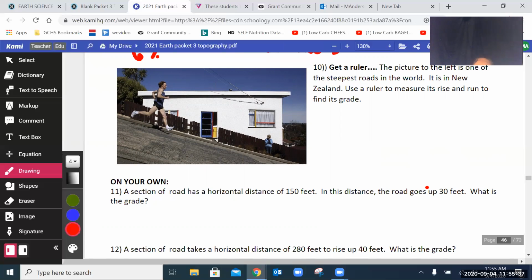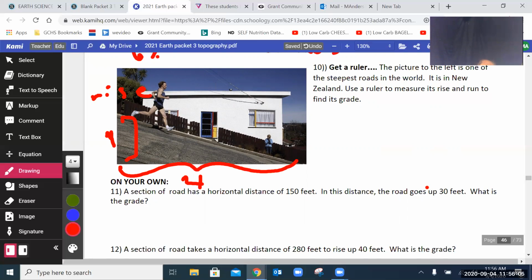Number 10, get a ruler. The picture to the left is one of the steepest roads in the world. It's in New Zealand. Use a ruler to measure its rise and run to find its grade. The rise here is 1 inch, from here down to there. The run from here to there would be measured at 4 inches.